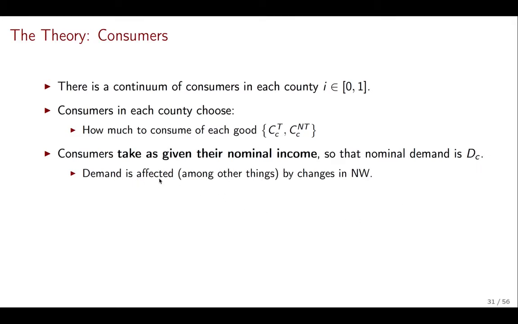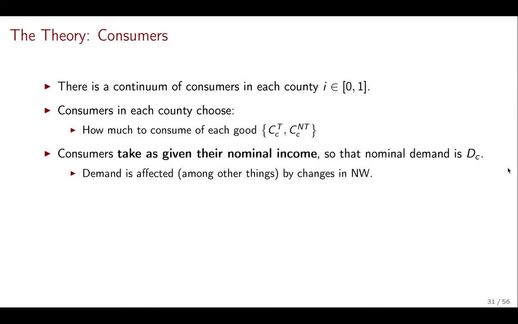This demand is affected, among other things, by the wealth of the agent or, for example, the value of their housing. So what we were doing before with the data, where we were changing the price of houses and seeing what the effect of the price of houses had on employment, we're going to do in the model by linking a change in the household prices with a change in nominal demand.